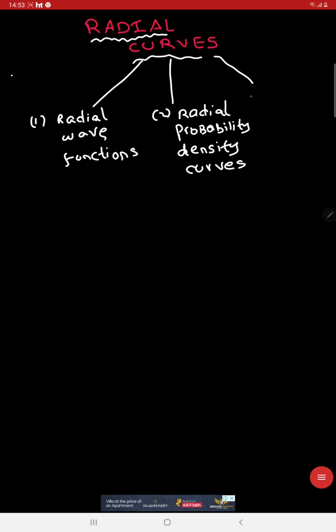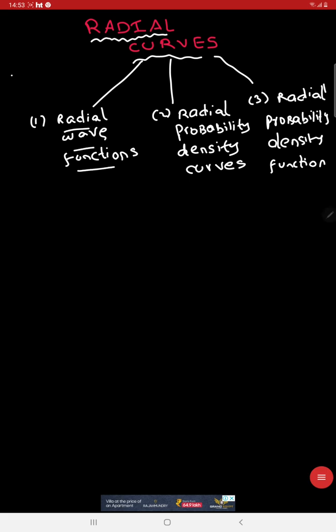Then the third one is radial probability density function. So generally there are three types of radial curves: the radial function, the radial probability density curves, and the radial probability density function. Okay, so this is the basic point.